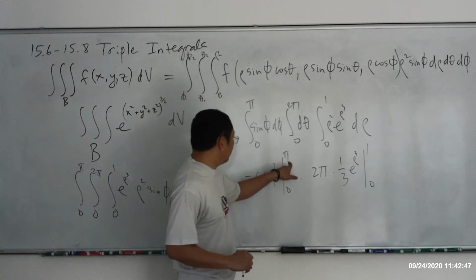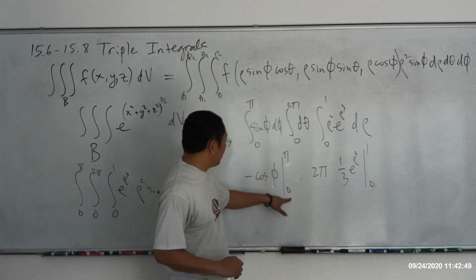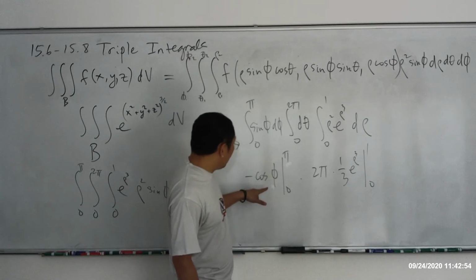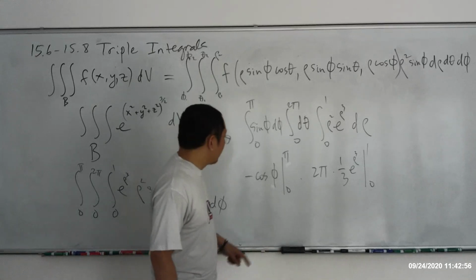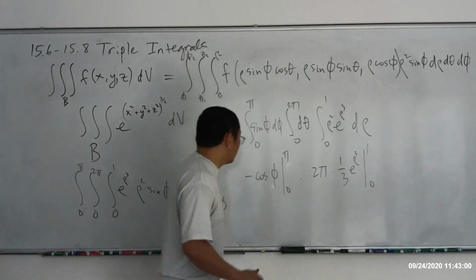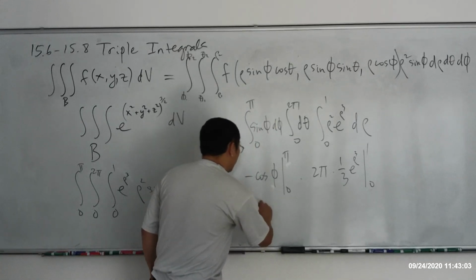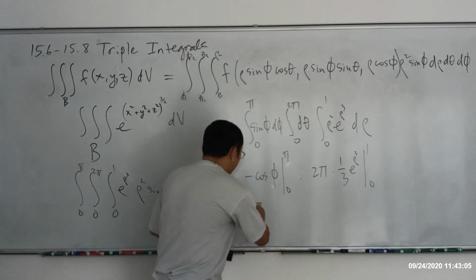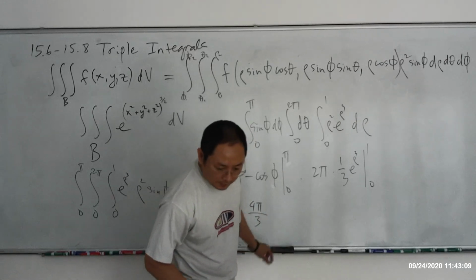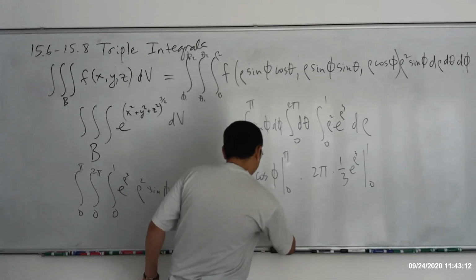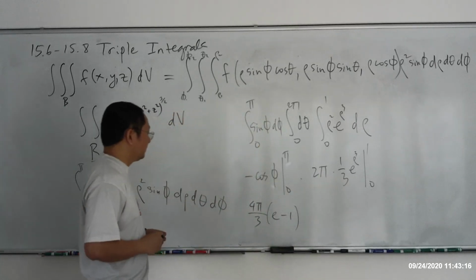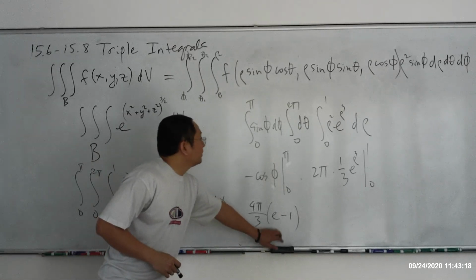Cosine of pi is -1, cosine of 0 is 1, so negative 1 minus 1 is -2, magnitude 2. And this is 2 pi, and this is 1/3 times e minus 1, because e to the 0 is 1. So the answer is 4 pi over 3 times e minus 1. That will be the final answer.